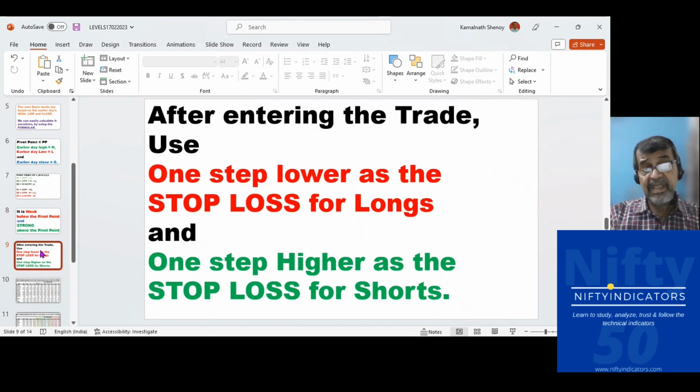After entering any trade, we should remember one step lower is the stop loss for longs, and one step higher is the stop loss for shorts. Of course, if somebody wants to use a deeper stop loss, they can use 2 steps lower or 2 steps higher. There are of course 7 levels: pivot point, R1, R2, R3, and S1, S2, S3.